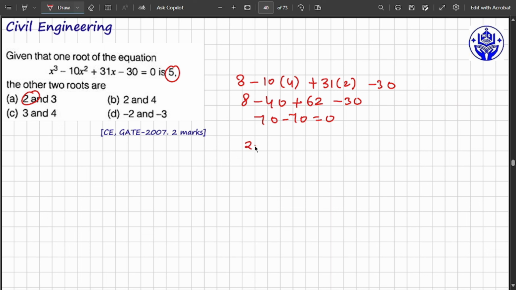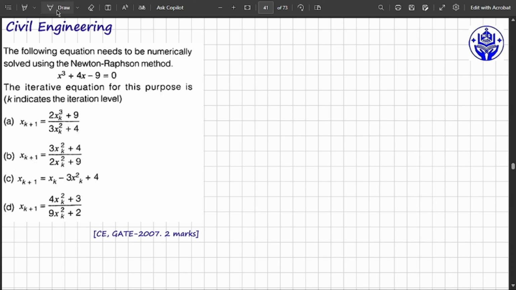So it is 27 minus 90 plus 93 minus 30. Now see, it is again 0. This pair is satisfying. These are the other roots of the equation. No need to divide and all. Okay, next.